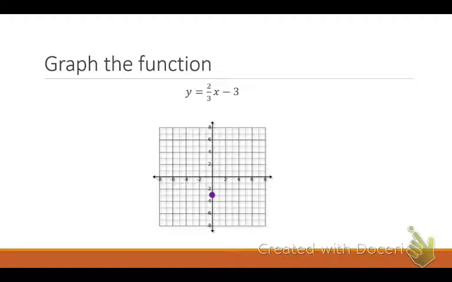Yes, very good. I need to go from this point. I go up to over 3. I plot my point. And I draw my line straight through it. Now, I will have to take off a point tomorrow if you guys don't draw your line through the points. That's not completely straight, but it's close.